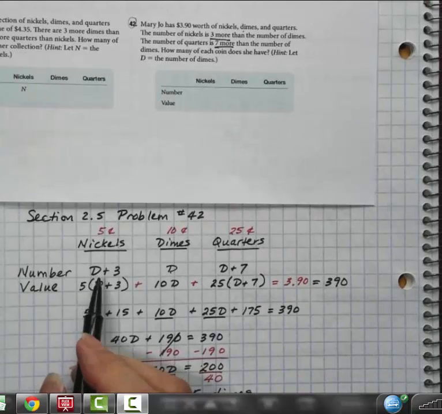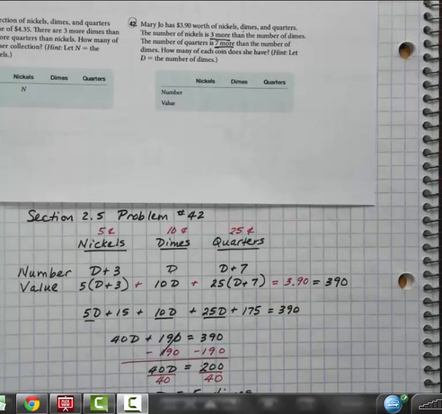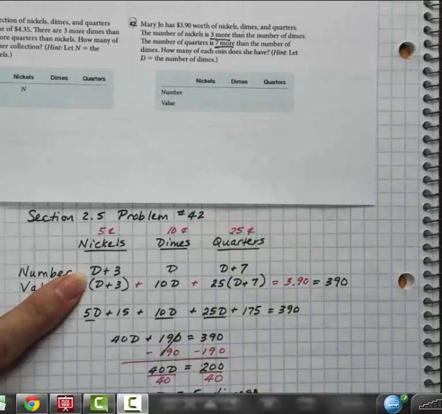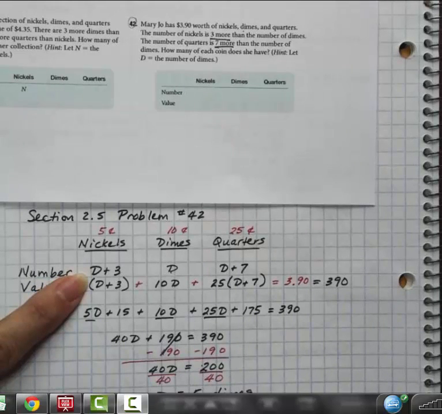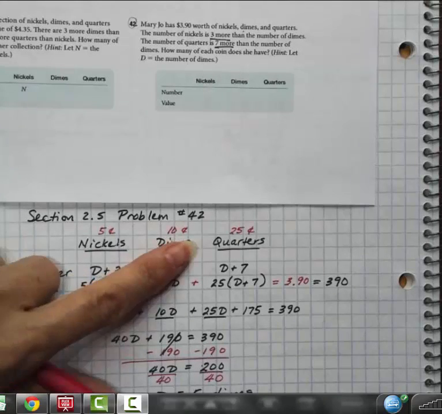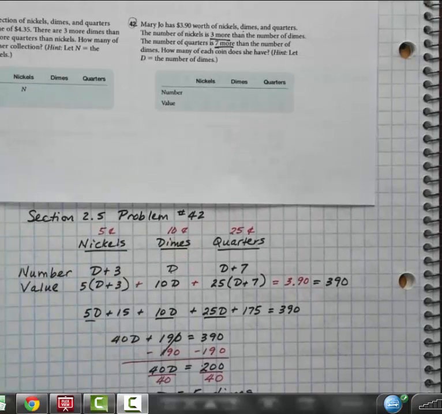We take D plus 3. Well, D is 5, plus 3 gives me 8, and that is my nickels. And then D plus 7, D being 5 again, plus 7 gives me 12 quarters.